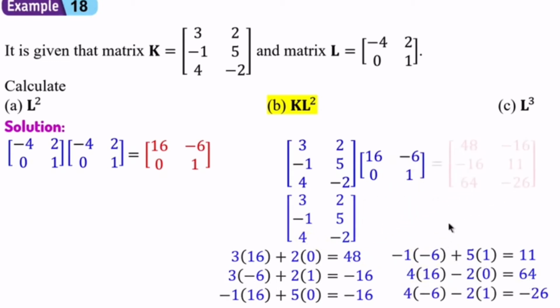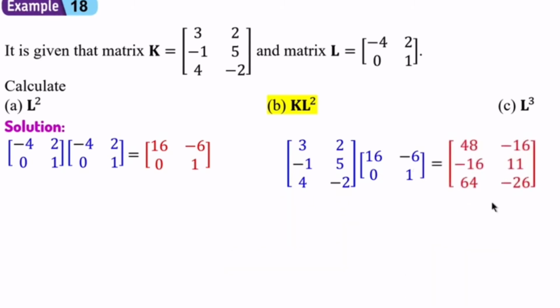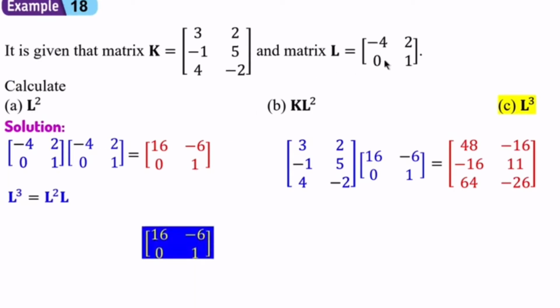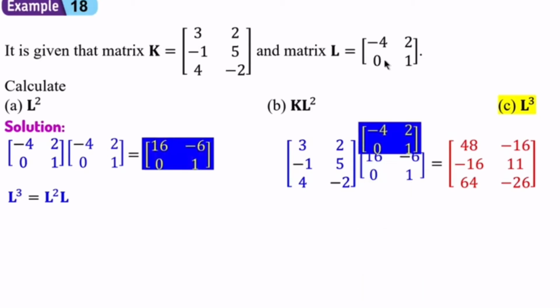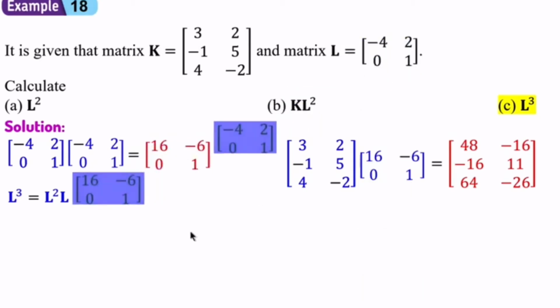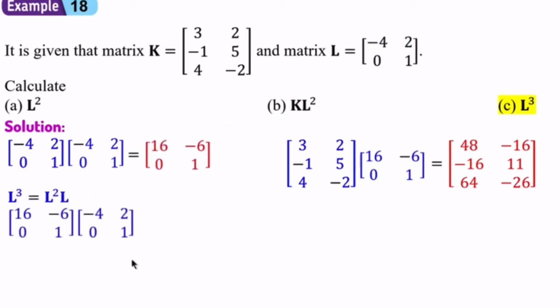Alright, so now the answer is 48, negative 16, negative 16, 11, and 64, negative 26. Okay, so now we're going to do L cube, which means that L squared times L. So we will use just now the L square, which is 16, negative 6 and 0, 1 times with the L. Okay, let's do it now.